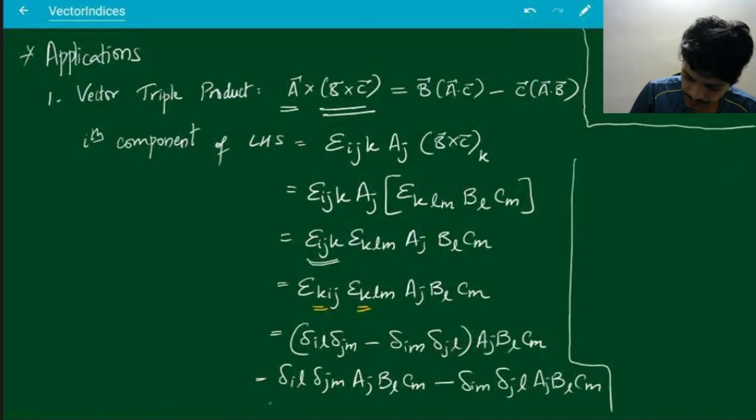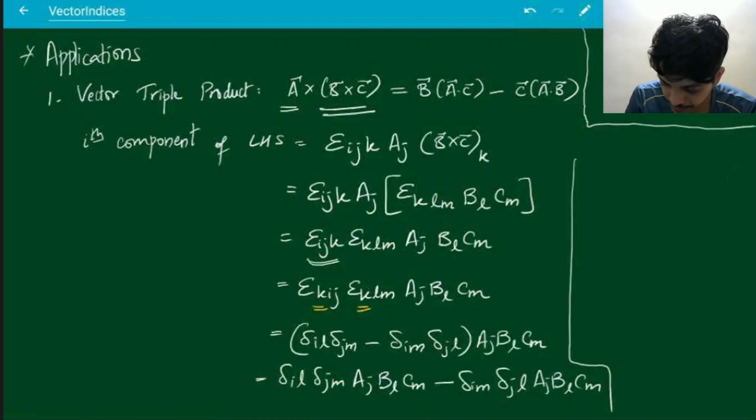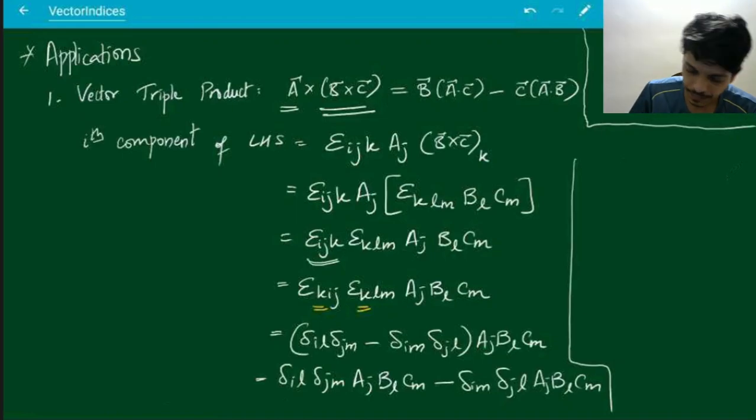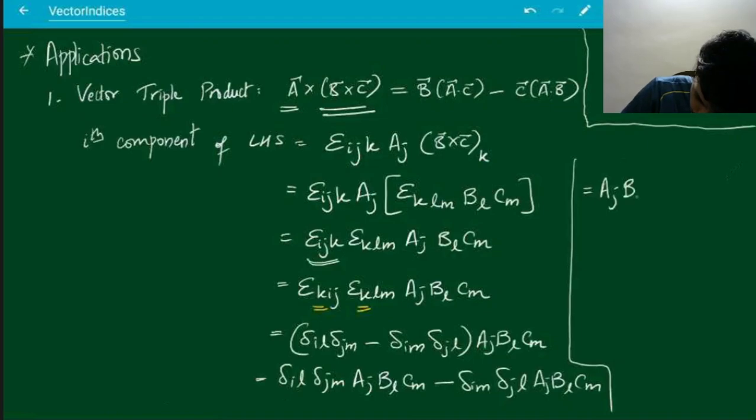If I look at this first term, because the delta is there, remember delta always forces the other index to take on its own index. So delta il will force all the l's to become i's, and delta jm will force all the m's to become j's. So this becomes aj, bl has been forced to become bi, and then there is cj. m has been forced to become j.